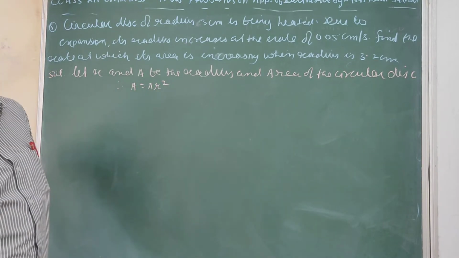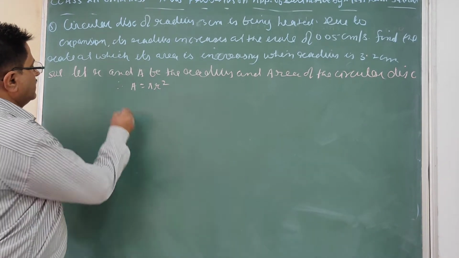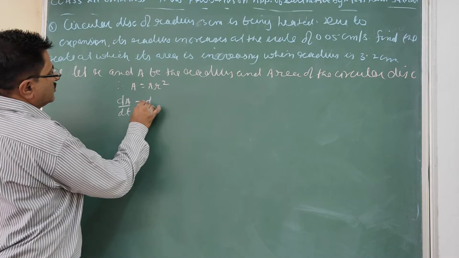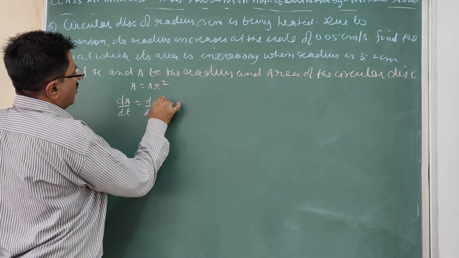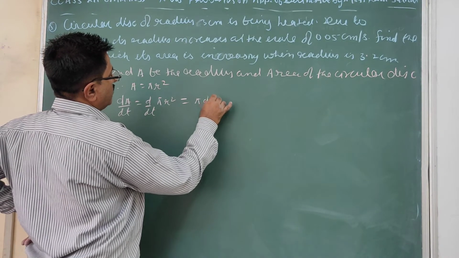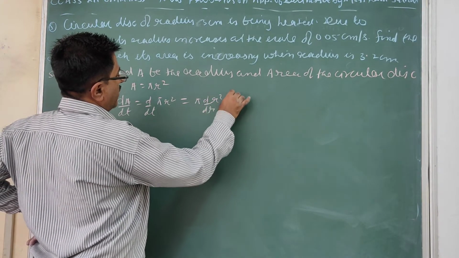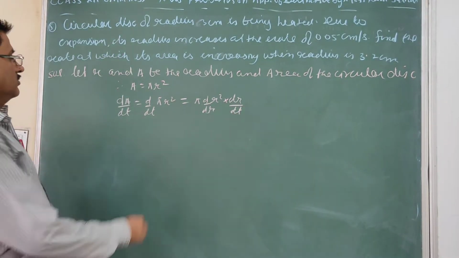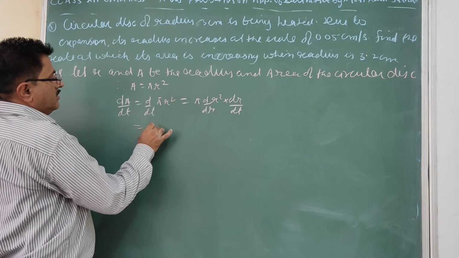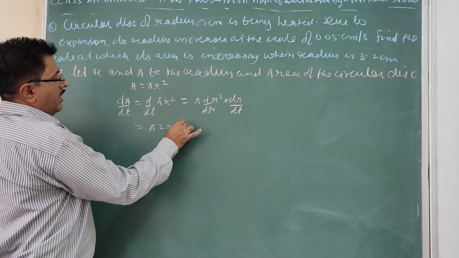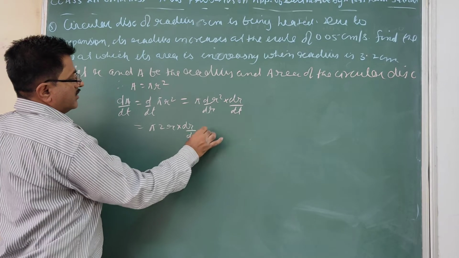Now you have to find the rate of change of area. So differentiating with respect to t, d by dt operating on both sides, pi is a constant. Here we have to multiply and divide by dr. So simplifying, r square becomes 2r, and dr by dt.